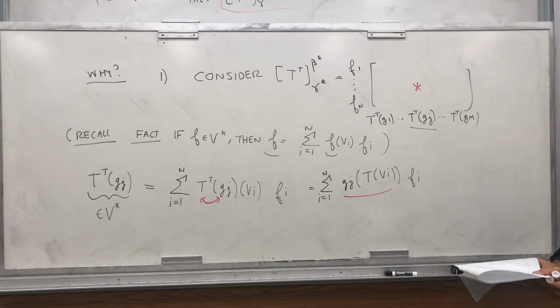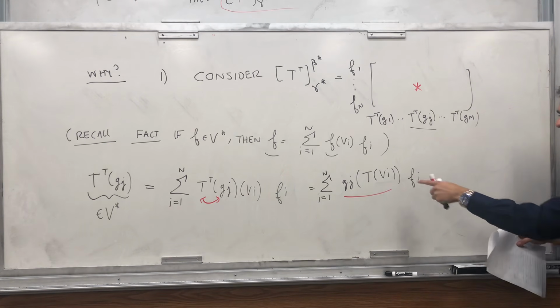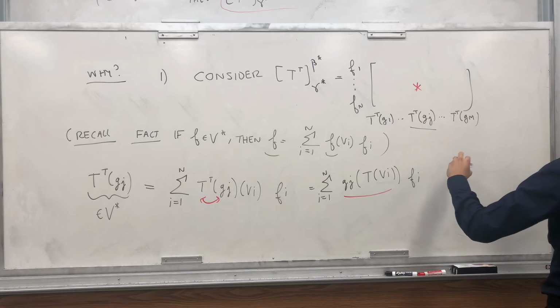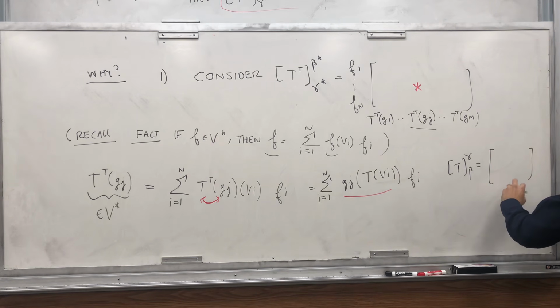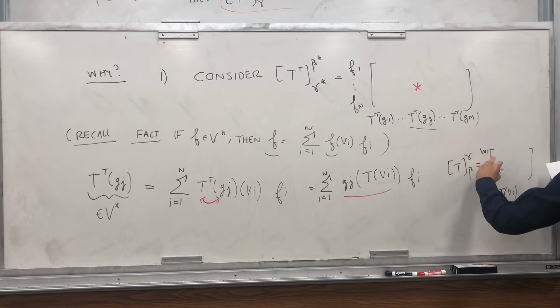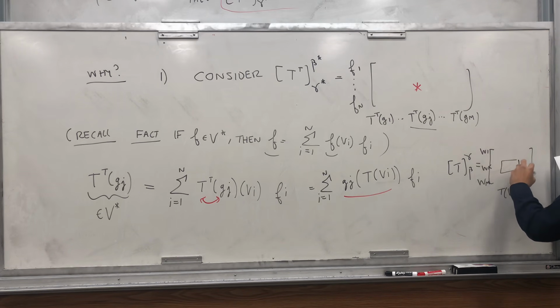All right, what's the other thing we haven't used yet? Well, we have not used the fact that T has a matrix A. So I'd like to remind you of the matrix of T from beta to gamma. The way you do this, you evaluate T at the basis vectors, and you write this in terms of the output vectors, W1 up to Wm. And this entry is precisely A_ki.